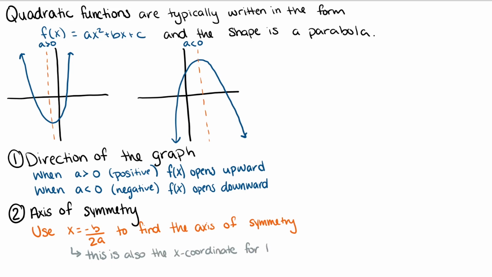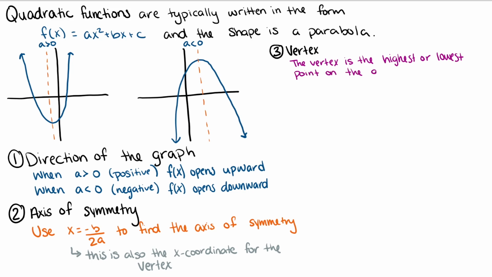Our axis of symmetry is where our vertex lies and is the x-coordinate of our vertex. So next, the vertex. The vertex is either the highest point or the lowest point on our graph. We use our x = -b/2a and plug that in for x to find the y-coordinate of our vertex. And then this acts almost as our starting point for our graph.